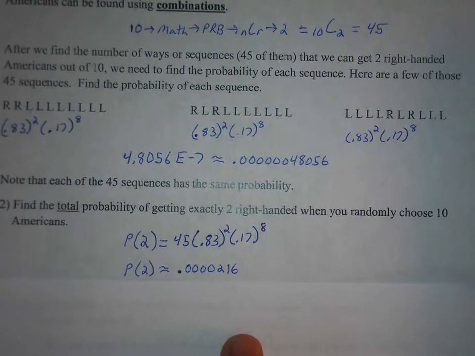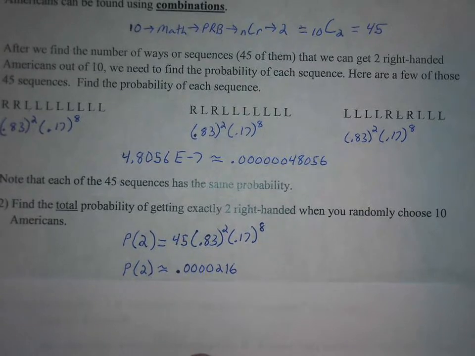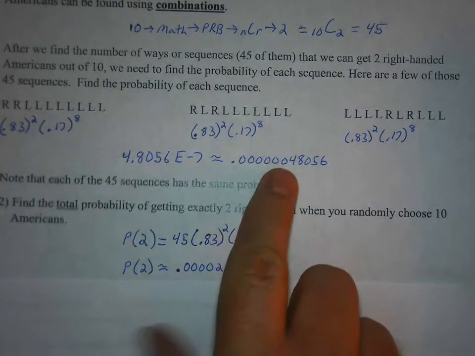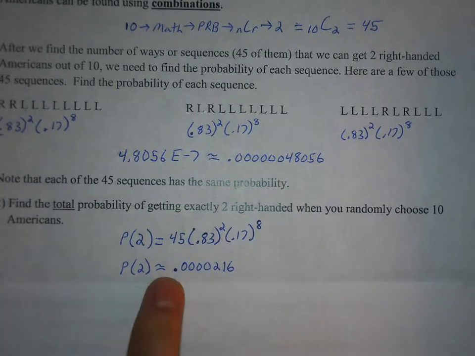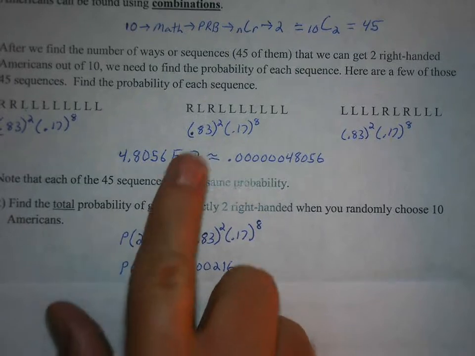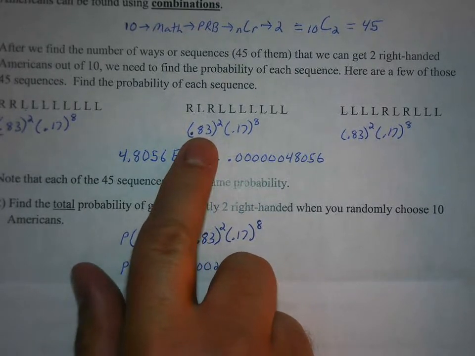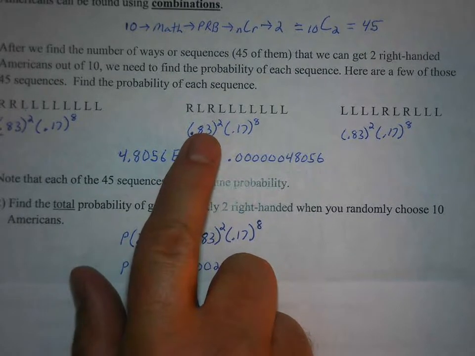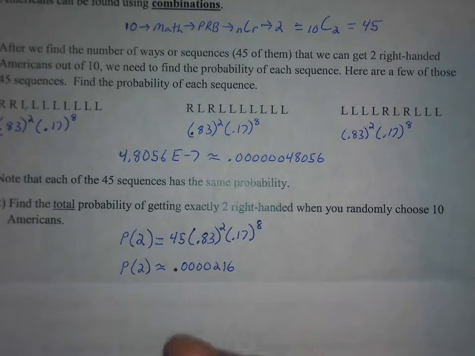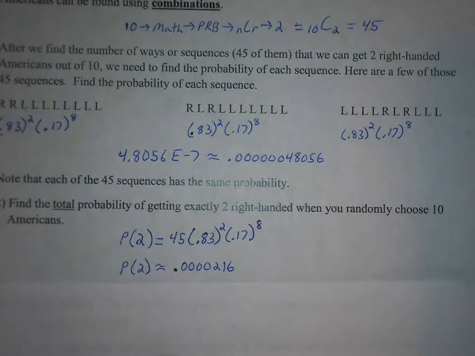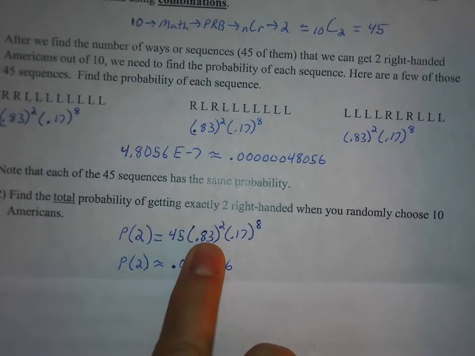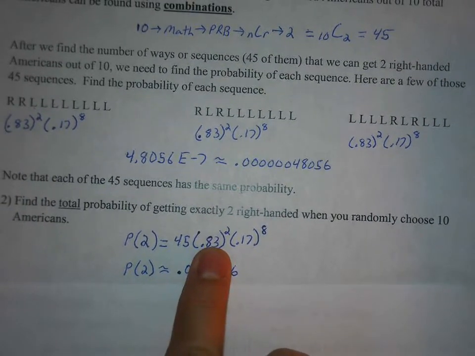And you'll see that you still get a pretty small answer, but it's a little larger than just the 1 sequence. Okay, so it's still approximately 0. And what's happening here is, again, because the probability of a right-handed person is 0.83 anytime you choose one person, you would expect to have more right-handed people than left. So only getting 2 right-handed people is not very likely.